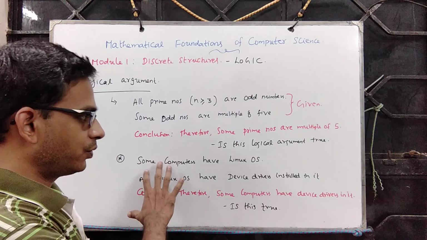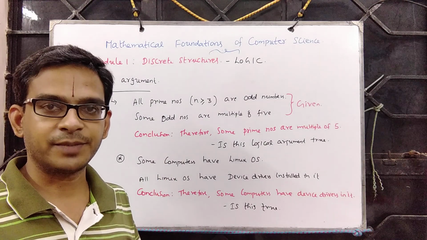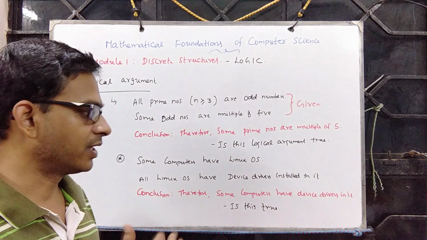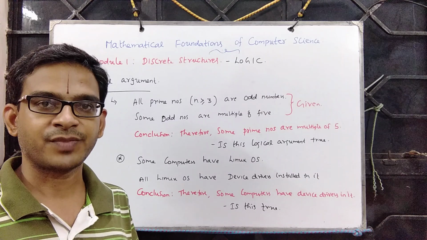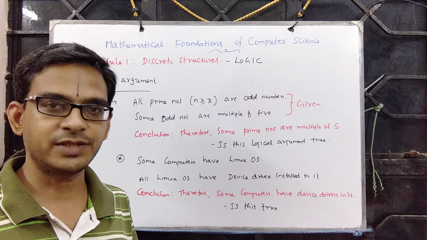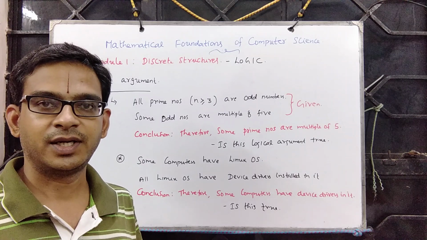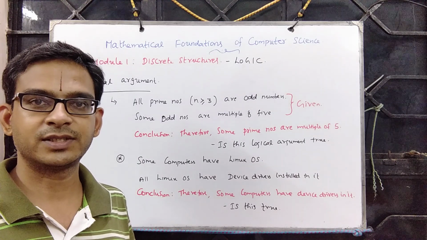Now, to talk about the validity of the argument, I need to set up a framework, a mathematical framework, which we shall discuss now. We will define something called assertion. We will define something called proposition. Then we define something called propositional variables. Then we define some operations on propositional variables.